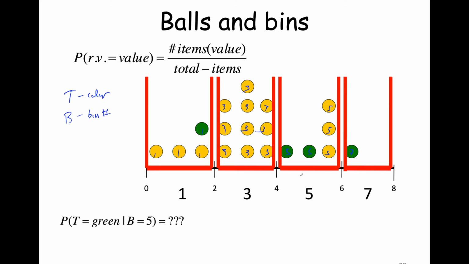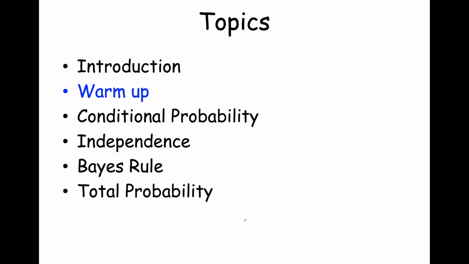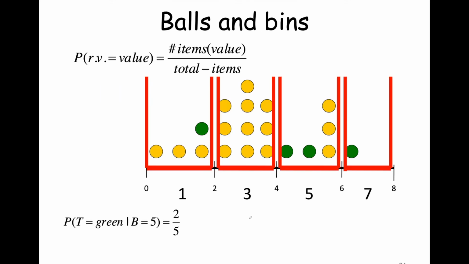So we know we have 5 items for bin 5, so the denominator, our total, is going to equal 5. And now we look at the proportion, the number of them that are green. So we have 1, 2 that are green out of that bin, only 2 are green, so it's going to be 2 over 5, which is equal to 0.4 or 40% probability. So 2 over 5, 0.4. Okay, so this is what a conditional probability is. It's a type of filtering probability, and you can implement it that way semantically.